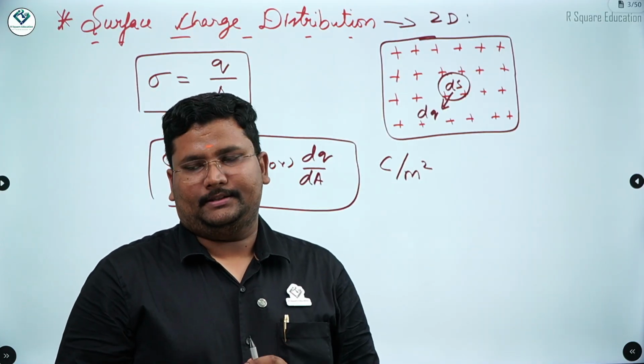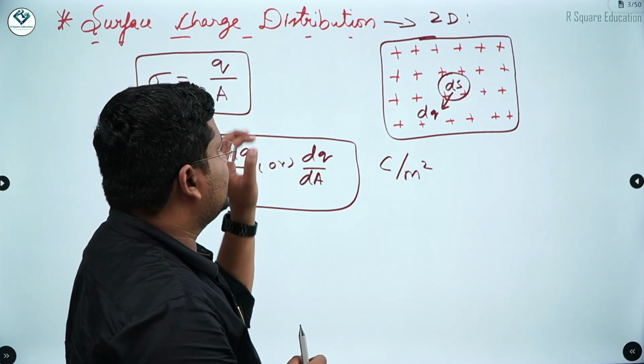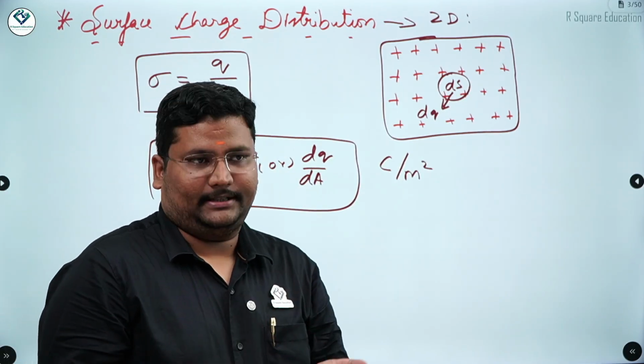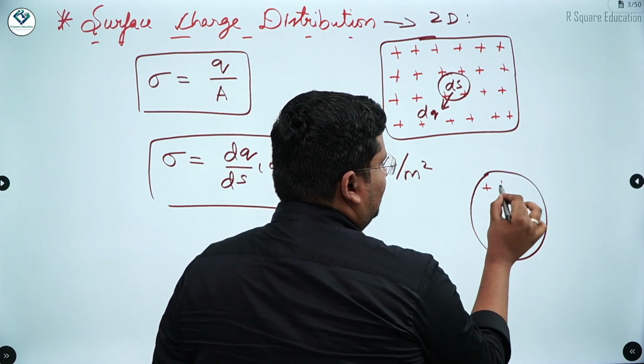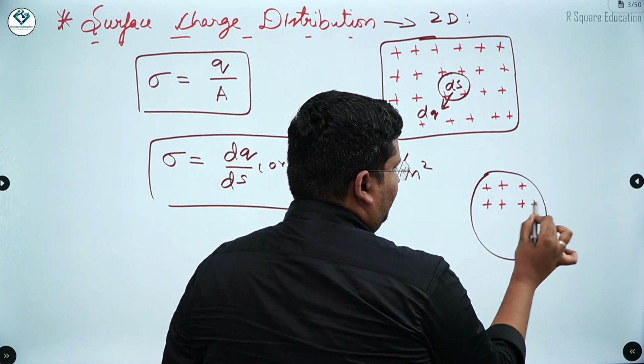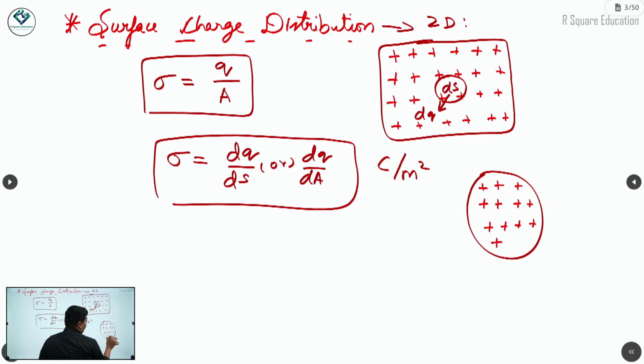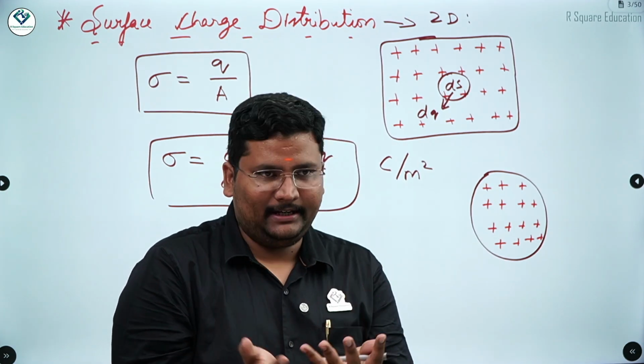Suppose I have the same case, if I take a sphere. So if I take a sphere and I am charging it completely, what will happen to the charges when I deposit on the sphere? It will go and deposit on the surface of the sphere, which is nothing but the area of the sphere.